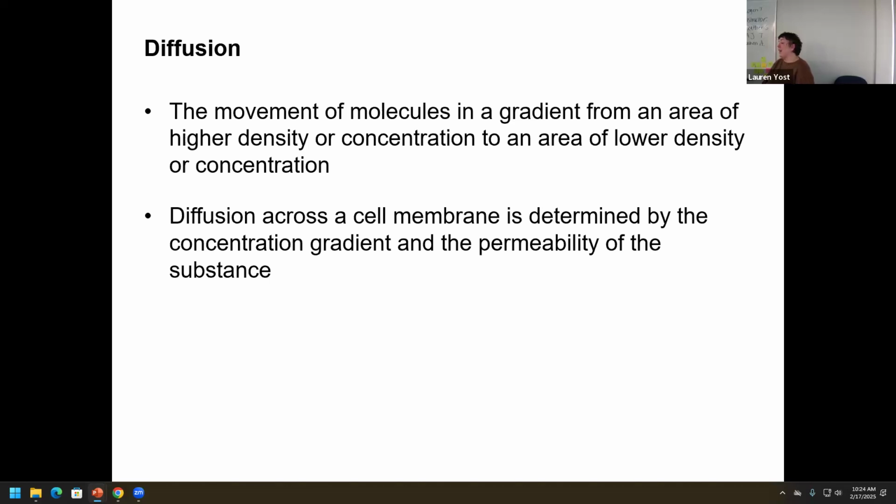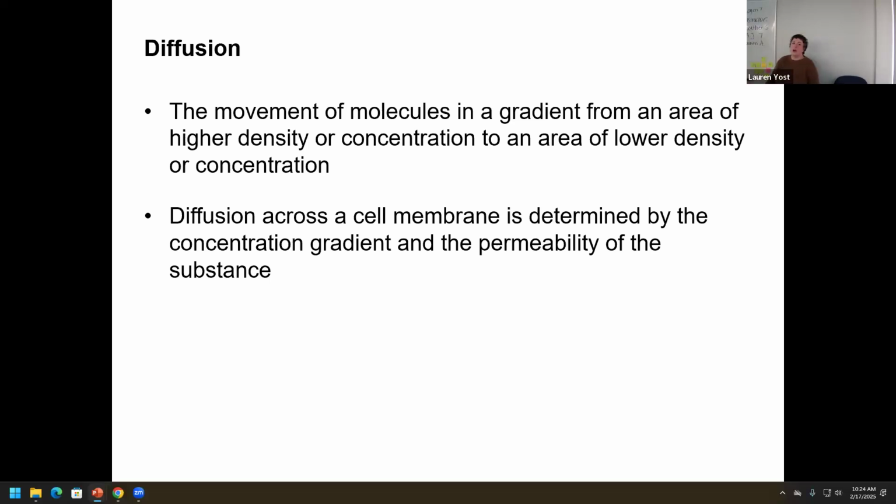So you have to find a way to get them in if you broke them down outside of the cell, or if you're wrapping your whole cell body around something, like we talk about with phagocytosis, where you're eating up a bad guy cell. You need a mechanism to do that, and to break it down and get it into the cell. So this brings us to the first concept, which is diffusion.